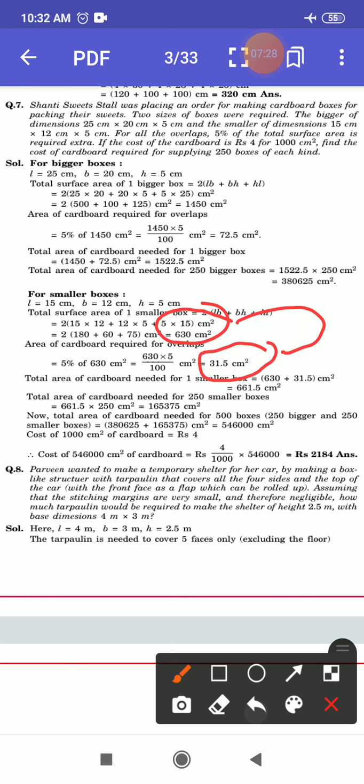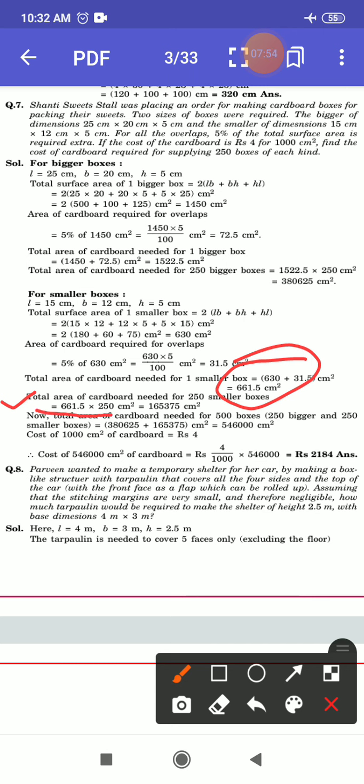Clear? And then you have to calculate the total area of cardboard needed for 250 smallest boxes. So here you know that there are 250 boxes, so you have to multiply this total area with 250.